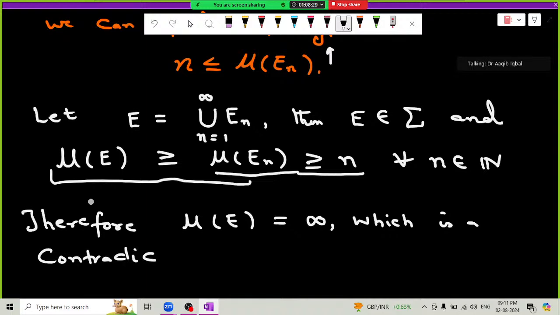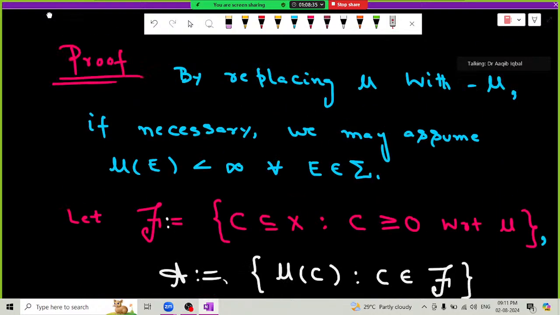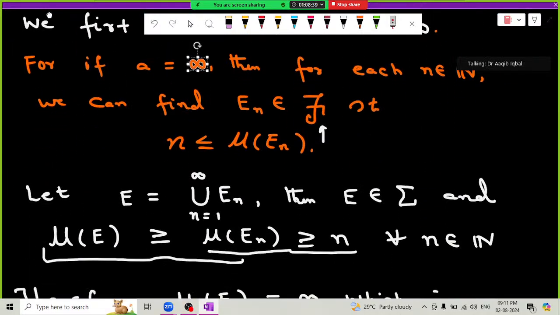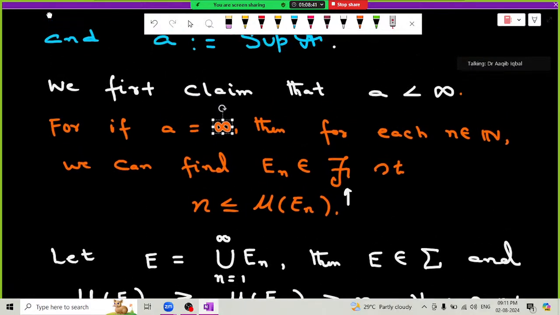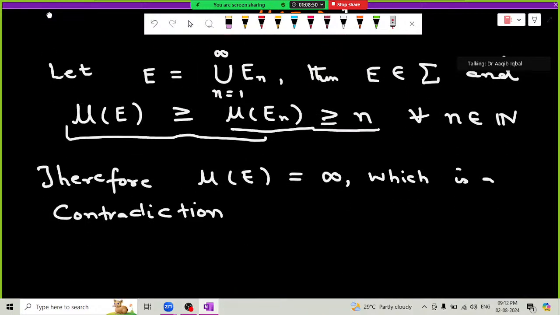Because जो हमने ऊपर वो adjustment करी है, उसके हिसाब से we have ensured that mu never assumes infinity. ठीक है, so this is a contradiction. And contradiction means our claim is established, because if you go against the claim, you get a contradiction. मेरा claim था a is less than infinity. If you assume a is infinity, you get a contradiction.